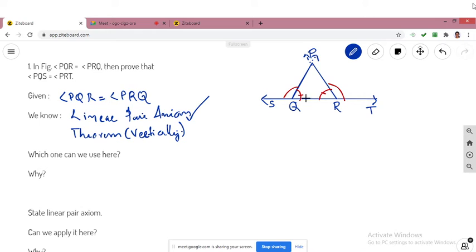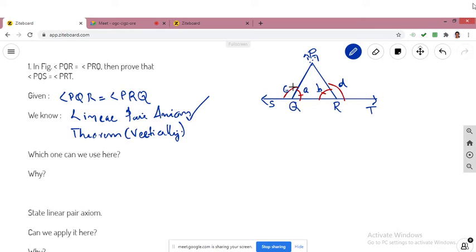Okay, are you talking about the interior angle or the exterior angle? Let us name them as A and B, so it is better. This is angle A, this is angle B, this is angle C and this is angle D. Now can you tell me which are the angles we are taking and which is the ray we are considering?